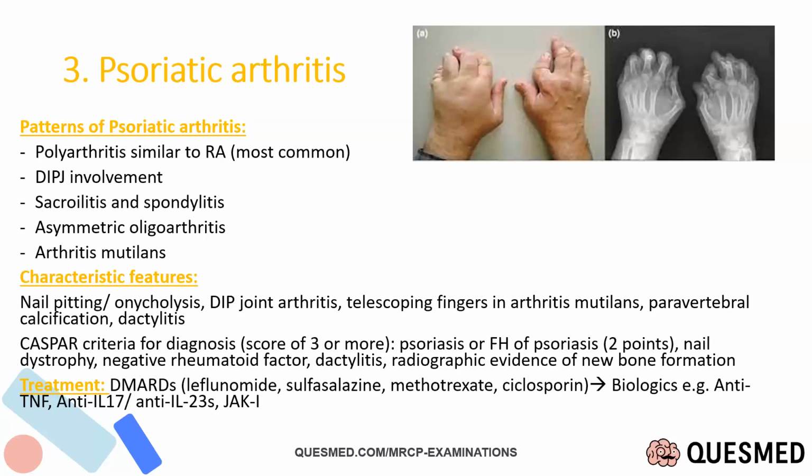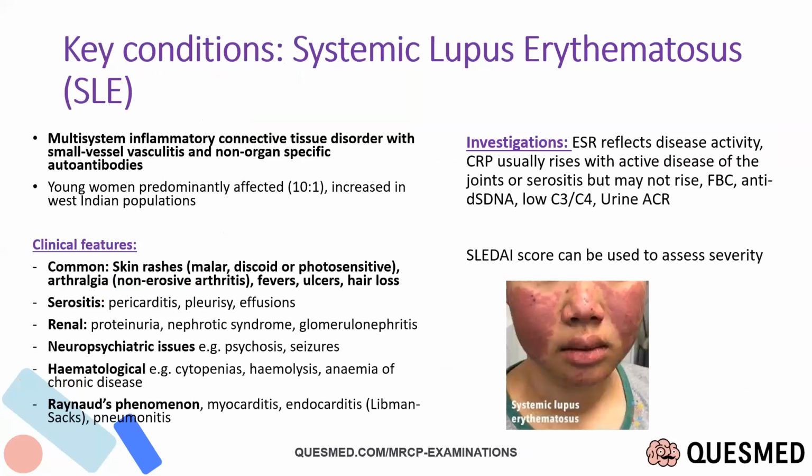The CASPAR criteria is what we use for diagnosis. Treatment, like I said before, is DMARDs, so leflunomide, sulfasalazine, methotrexate, and if they're not working, you'd escalate to biologic therapy. Anti-TNFs tend to be first line, and then we move to IL-17 and IL-23 antibodies.